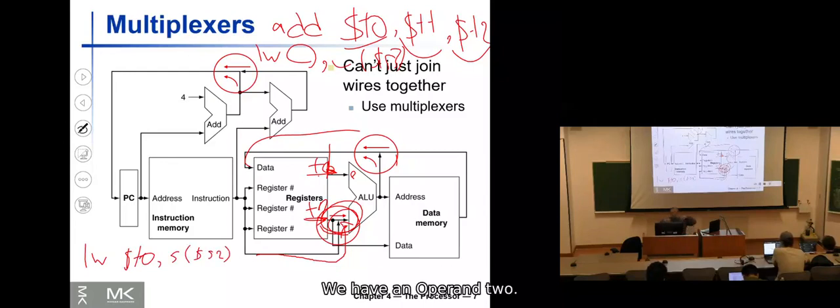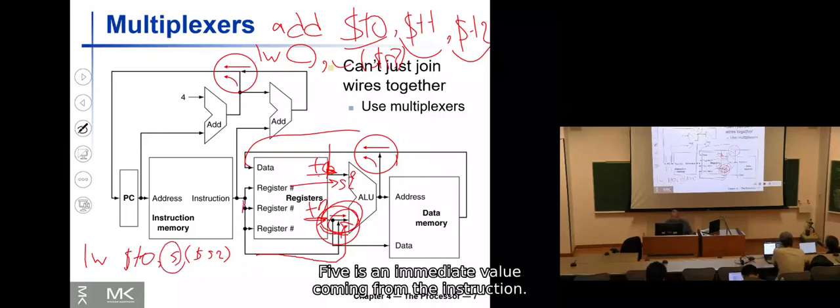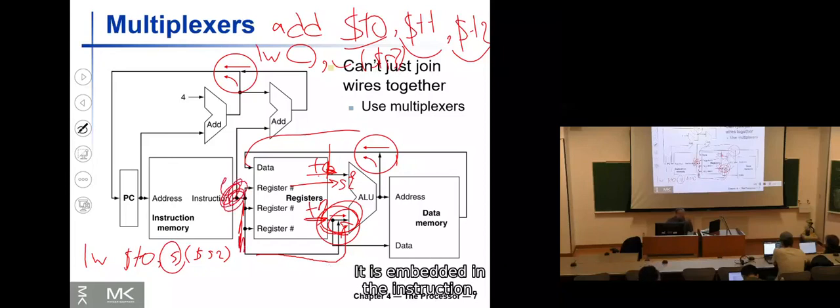So we have an operand S2. S2 is coming from here, as the first operand of ALU from the register file. 5 is coming from here. 5 is an immediate value coming from the instruction. It is embedded in the instruction.